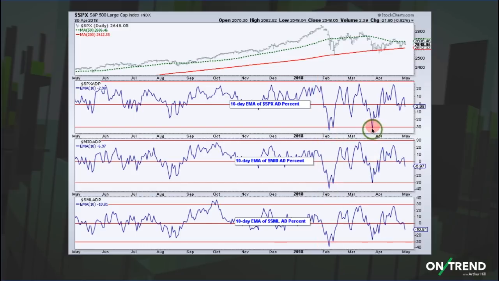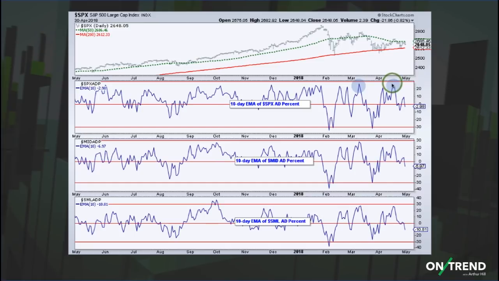And then in March, we had confirming signals. And what is concerning is that in between, we had that rally from early February to mid-March, and we didn't get above plus 30%. And we had another rally from late March to mid-April, and we didn't get above plus 30%. So breadth was falling short.